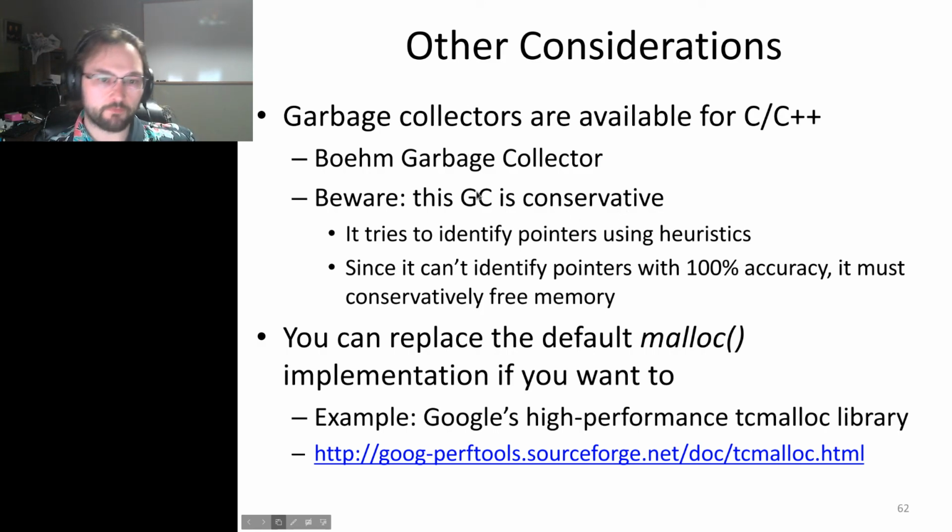This is a conservative collector, which means that it's doing this sort of guessing about which things are pointers, and that can actually be a problem if you're working on a 32-bit system where you're using almost all of the virtual address space. A random number is likely to point to something that you allocated if you're using your whole address space.